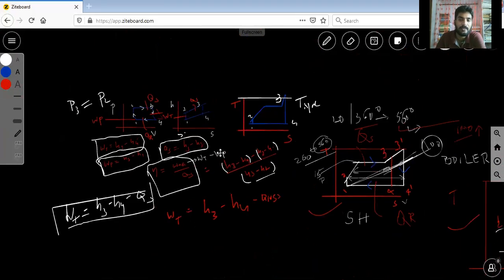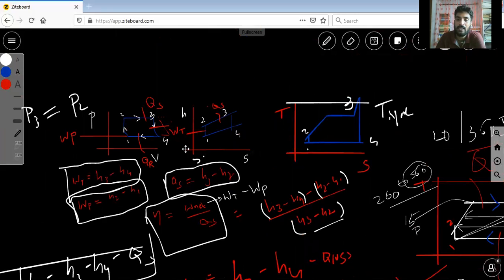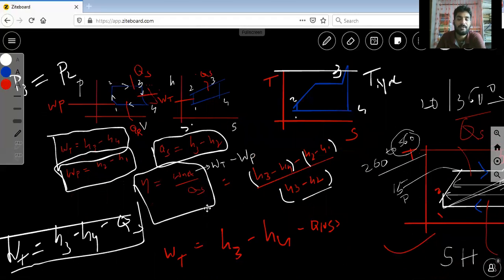The normal or ideal Rankine cycle involves four processes: compression and expansion, that is pump work and turbine work, heat supplied and heat rejection. Based on these, you derived the efficiency equation: efficiency equals net work divided by heat supplied, that is (H3 minus H4 minus (H2 minus H1)) divided by (H3 minus H2). These are the typical relations for the ideal Rankine cycle.